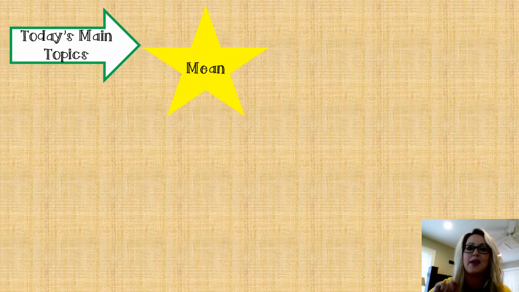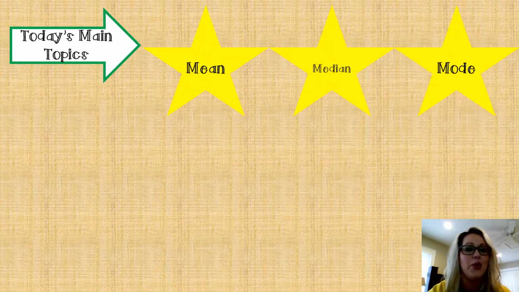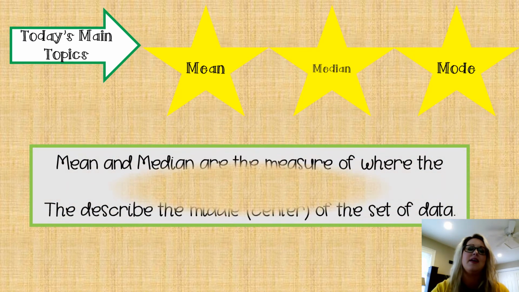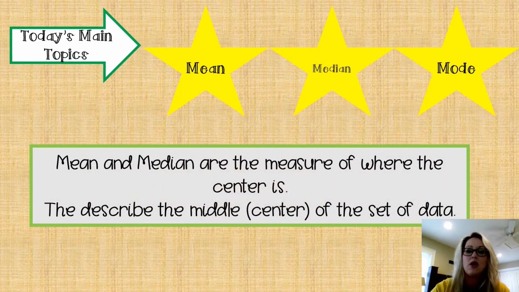So today's main topics are the same three: mean, median, and mode. Mean and median are the measure of where the center is. Anytime we're talking about the middle of the data or the center of the data, those two are the ones that we use to describe that.